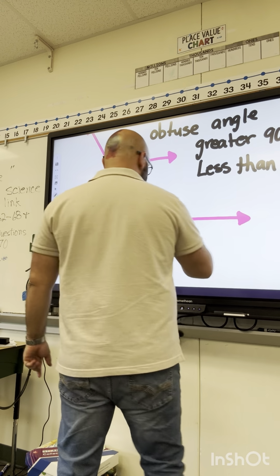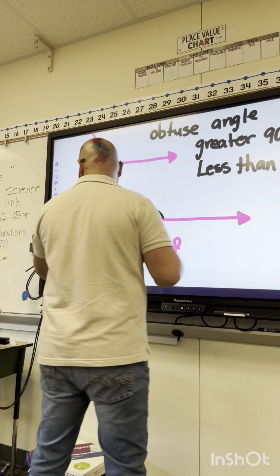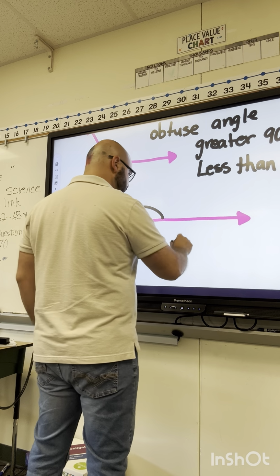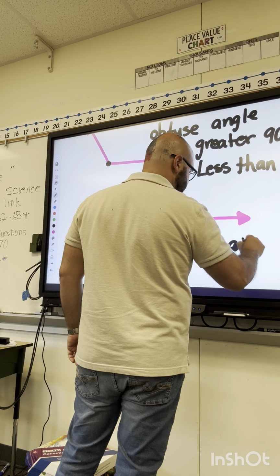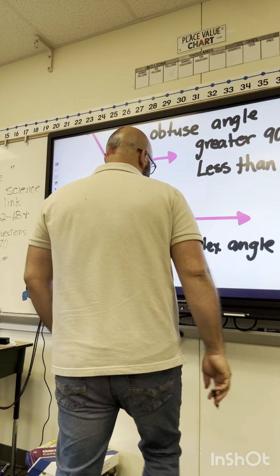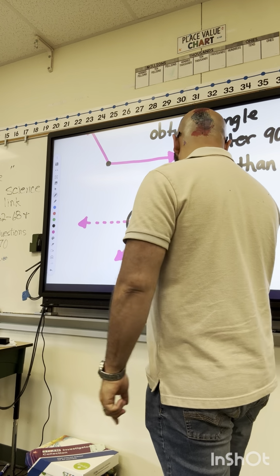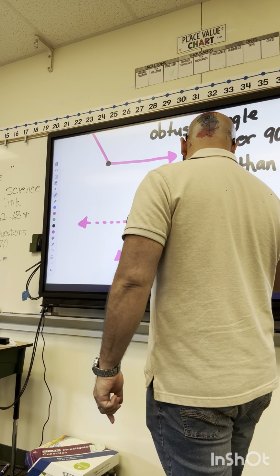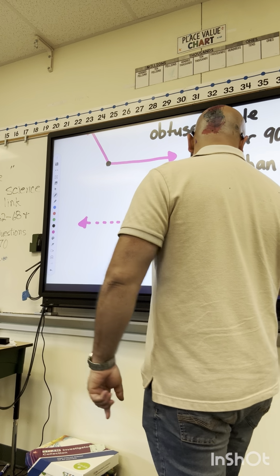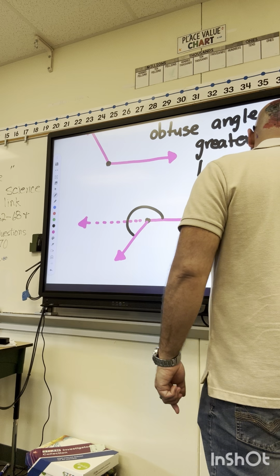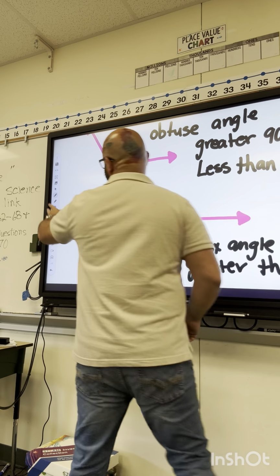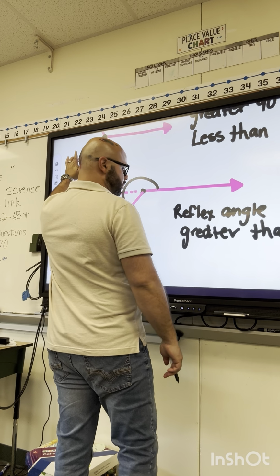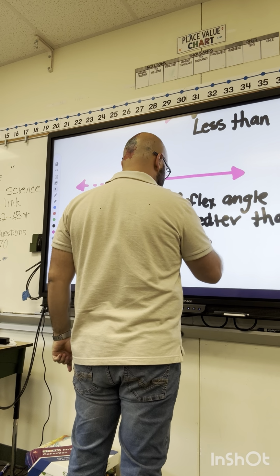This is called a reflex angle. A reflex angle is greater than 180, but less than what? 360. Less than 360 degrees.